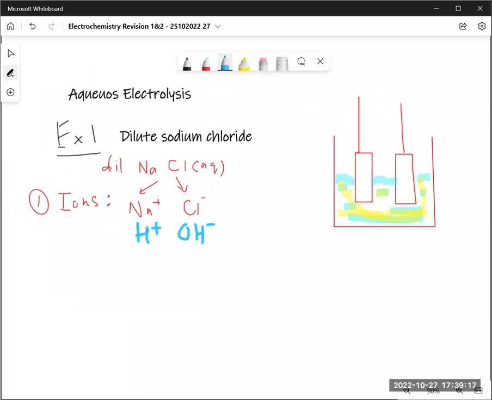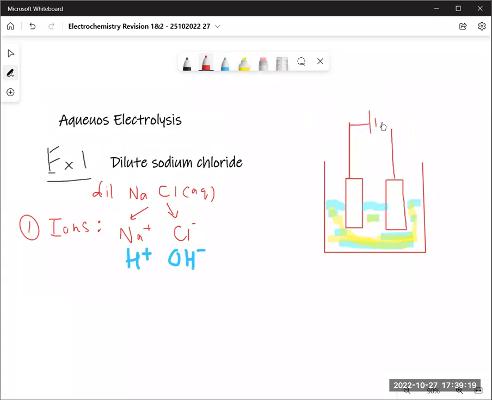Now, our job is to realize in this electrolyte, we have the big terminal and the small terminal. The big one is positive, the small one is always negative. The positive terminal is called anode. The negative terminal is called cathode.